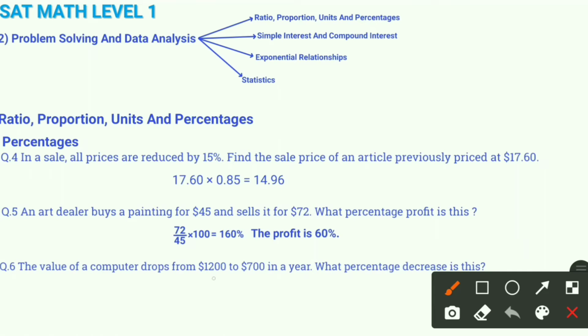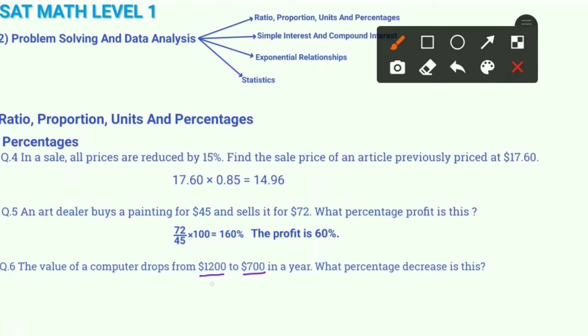Question 6. A computer dropped from $1,200 to $700 in a year. What percentage decrease is this?